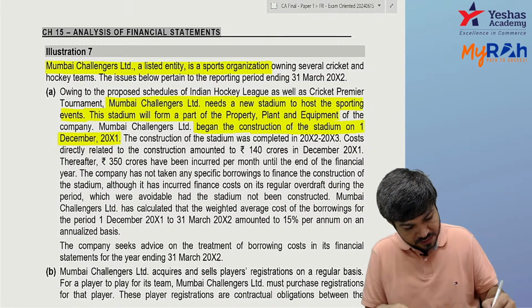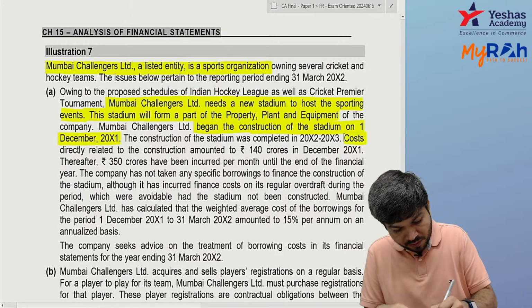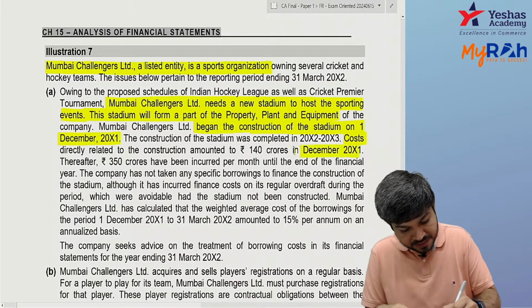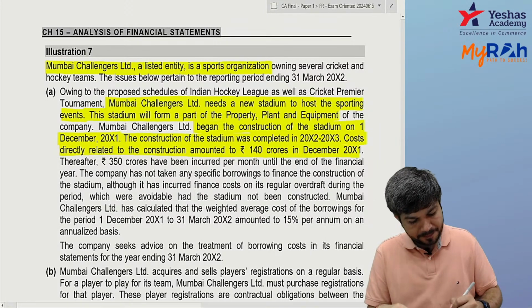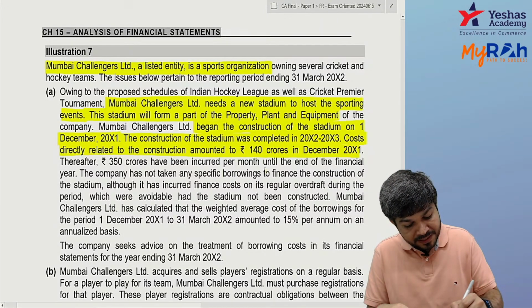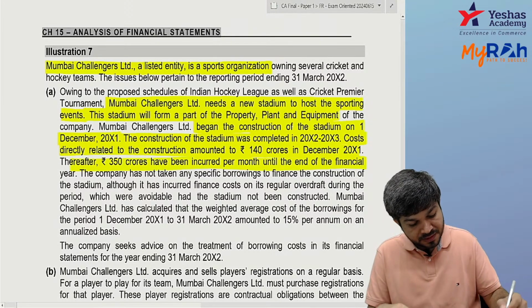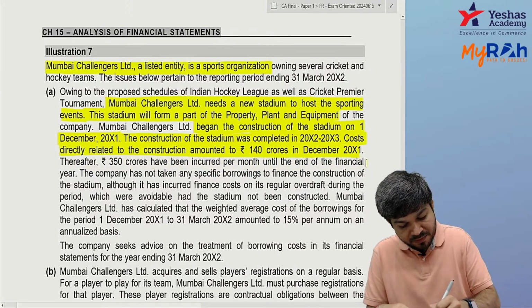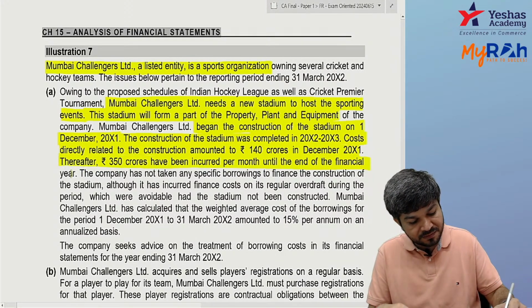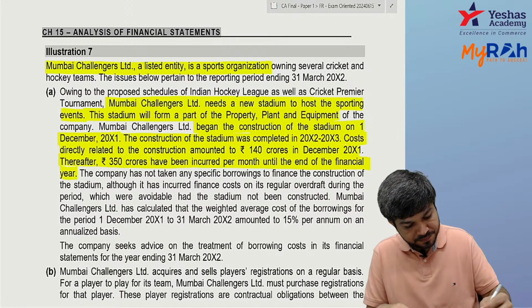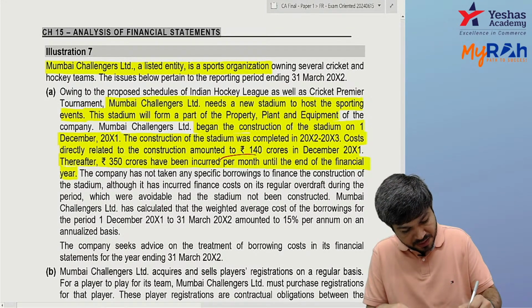The cost of construction is 140 crore in December, and thereafter 350 crore every month till the end.